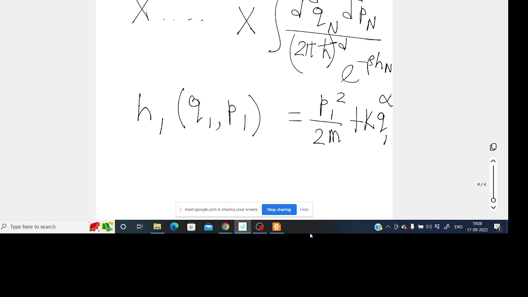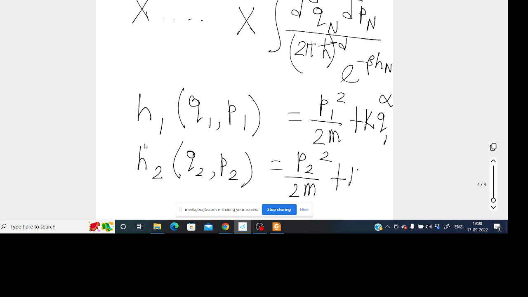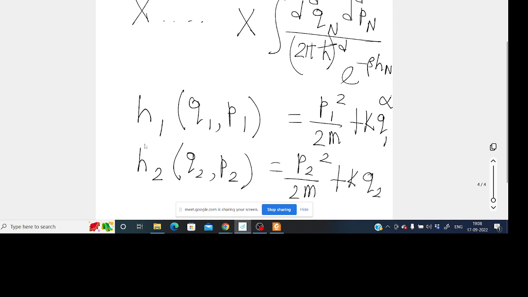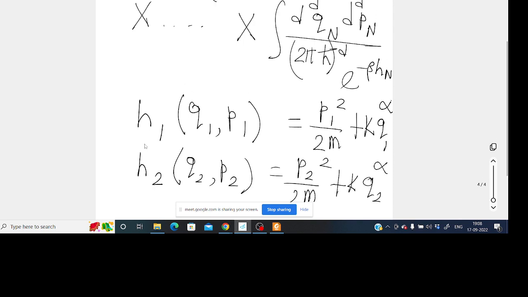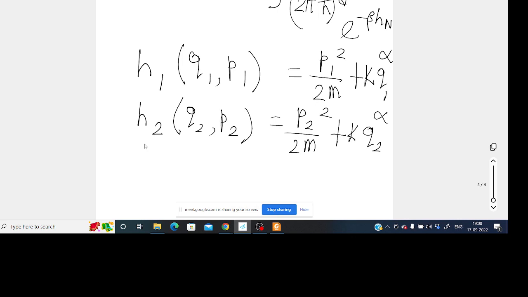In that case we'll also assume that this is equal to this. Now if you use this assumption, then you can write Zn equal to this.